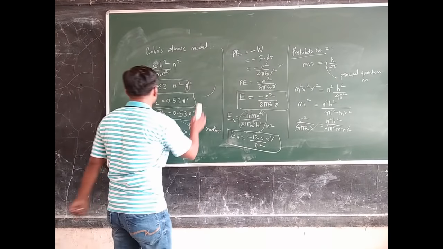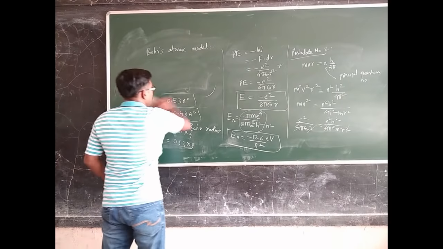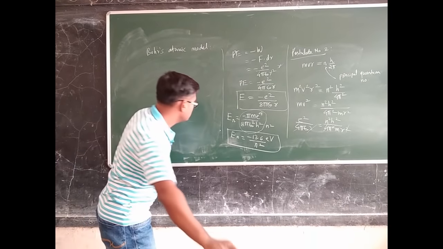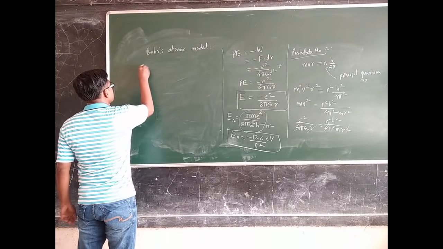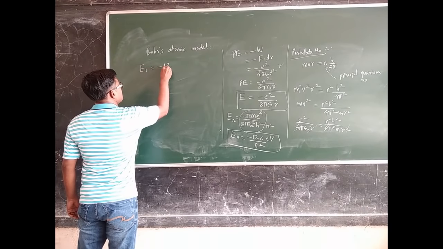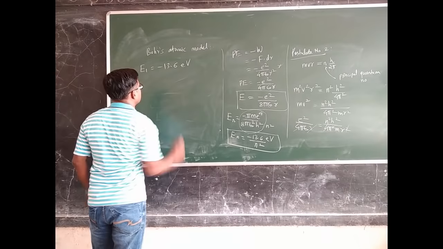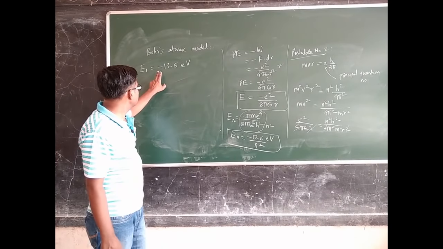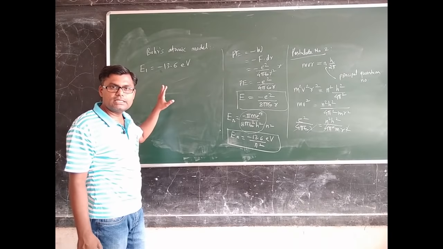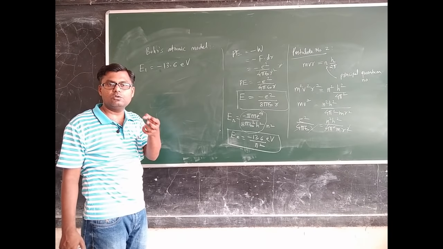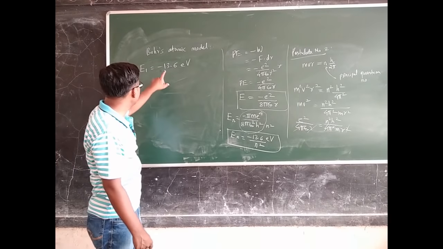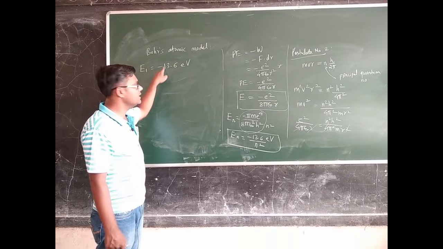So for the first orbit, what is the energy of the electron? The energy of the electron is minus 13.6 electron volt. What is the significance of the negative sign here? It means that if you want to remove this particular electron from the first orbit of the hydrogen atom, then you have to supply this much energy.